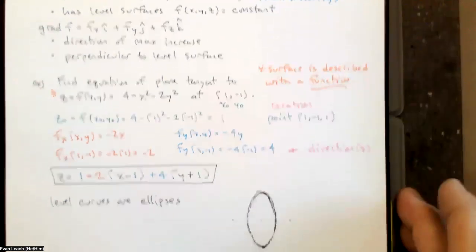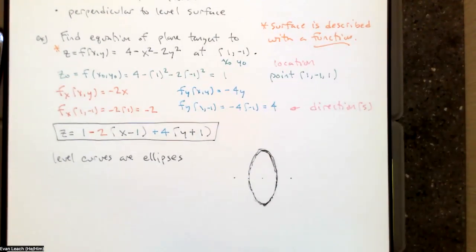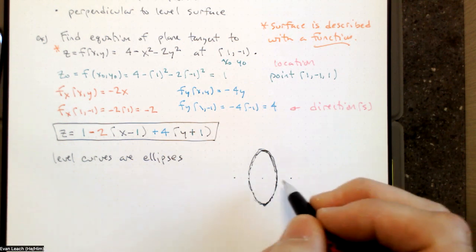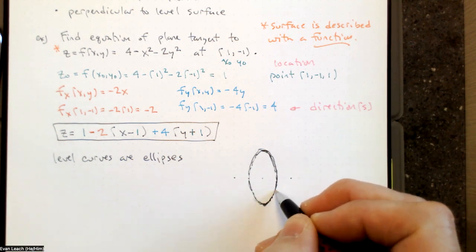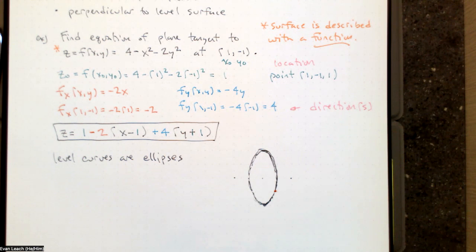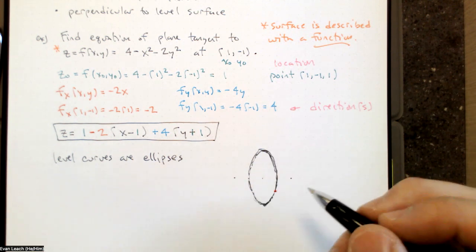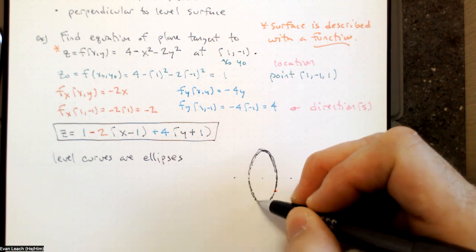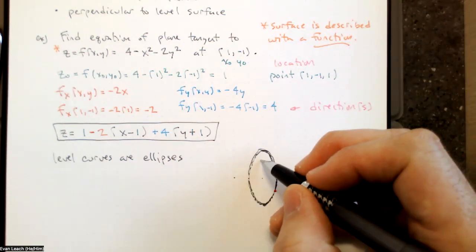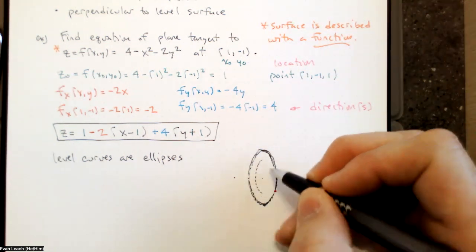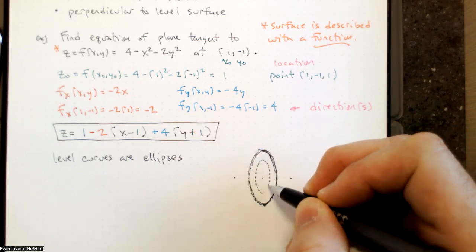So looking from the top down, if we think of the level curves as ellipses, the point that I picked is at 1, negative 1. So also imagine that this is one level curve, and we get higher level curves as we get closer to the origin.